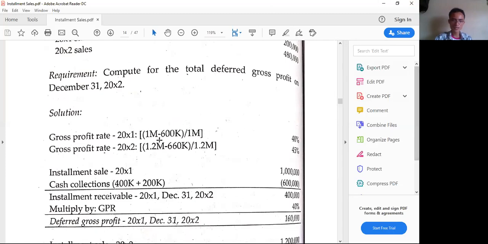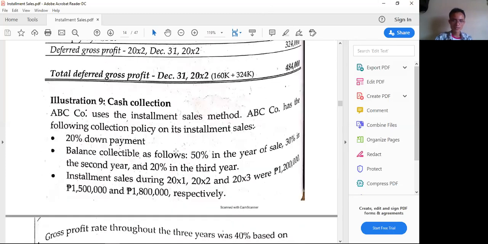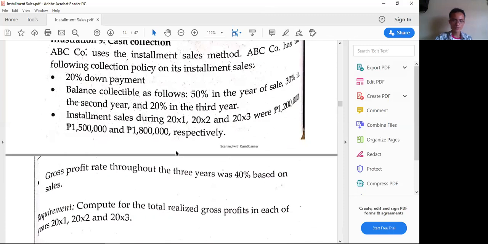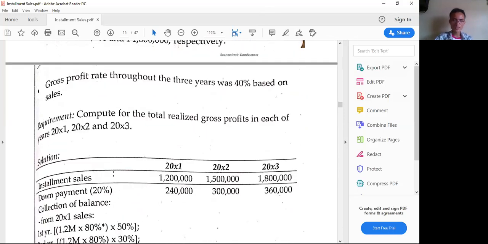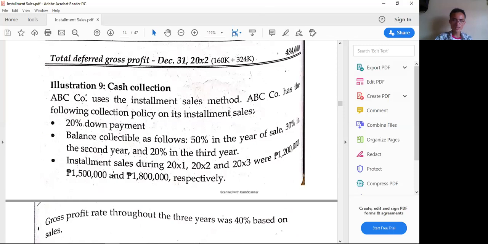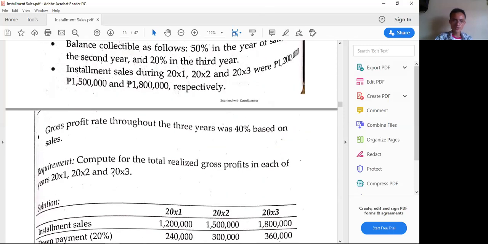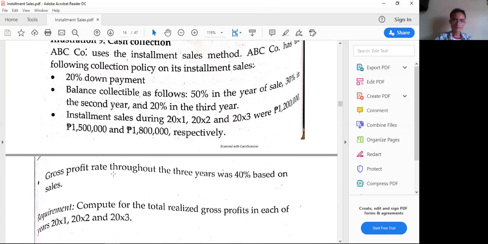Next, illustration 9. That's cash collection. The requirement is to compute for the realized gross profits in each of the 3 years, 20x1, 20x2, and 20x3. So let's study the given.